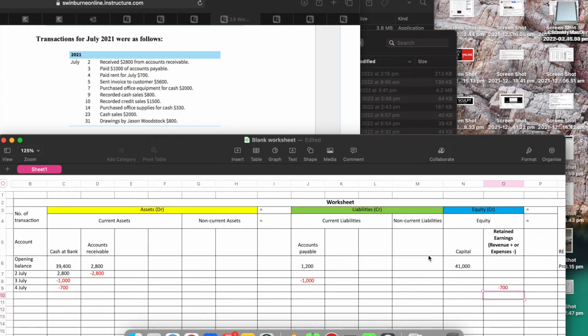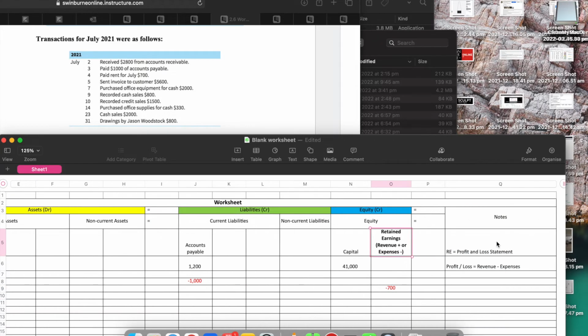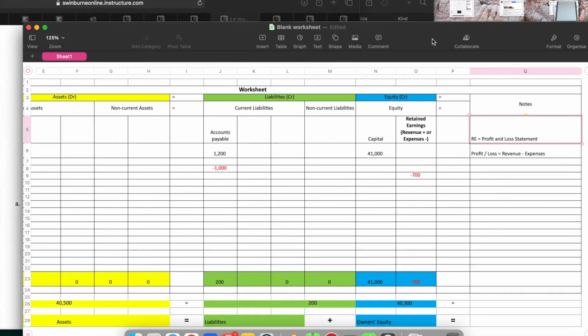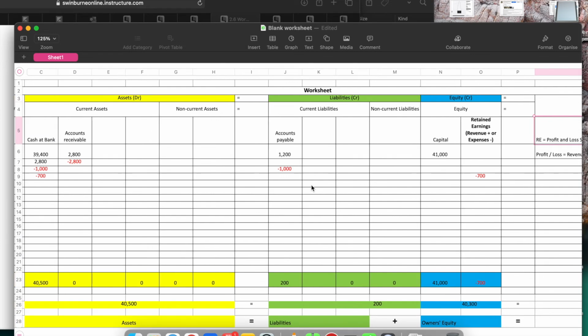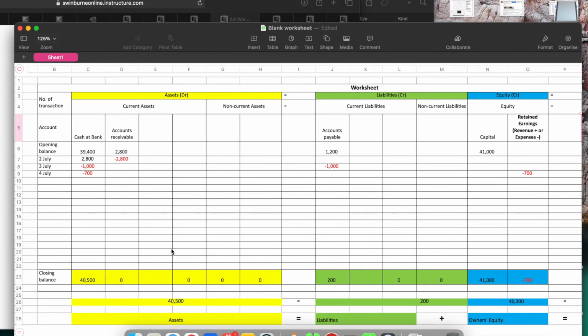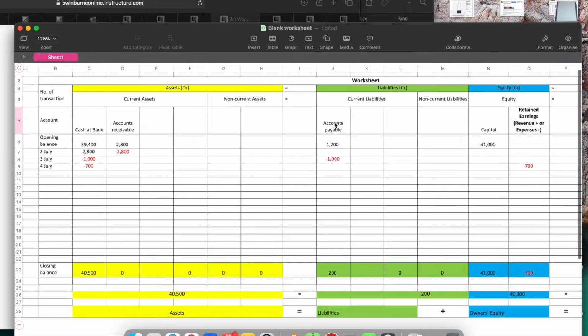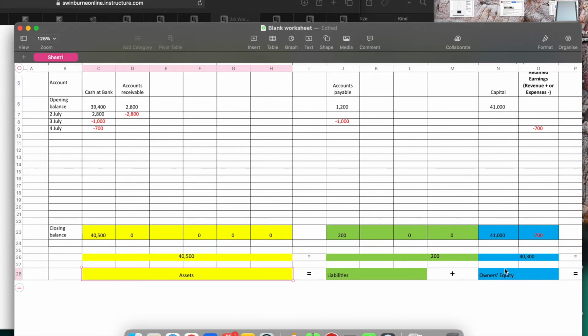So I just explained that retained earnings is basically our P&L, and you probably have heard the term of a balance sheet. So this worksheet here that we see is basically a balance sheet. So here, assets equals liabilities plus owner's equity. This is our balance sheet.